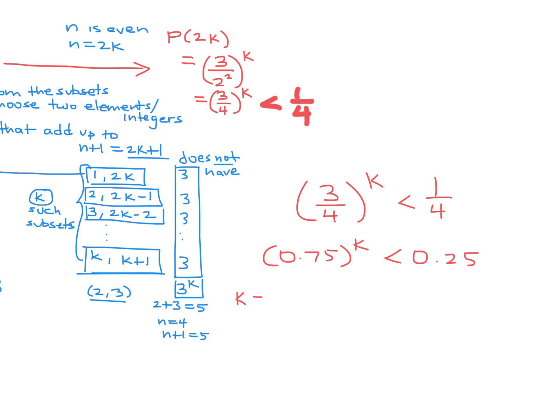If k is 1, then this guy will be 0.75. If k is 2, it becomes 0.56. If k is 3, it becomes, I'm not sure, but we actually only care about even values. So let me jump to 4. That'd be 0.3, I think, 0.31. K is 6. It becomes 0.42, I think.